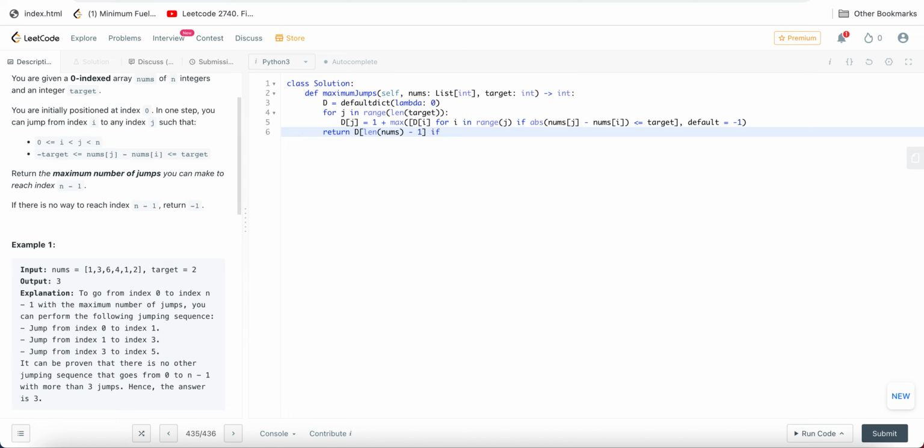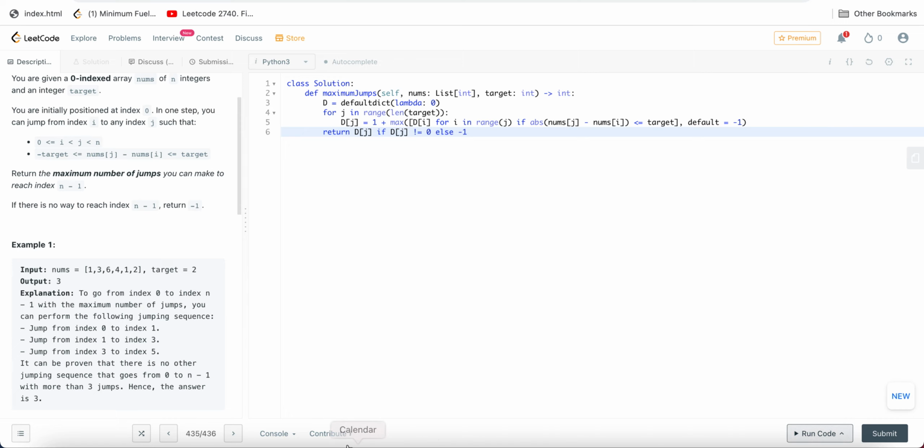So then we'll say if, yeah, this is going to get ugly. If this, or I think j is the last value. If D of j not equals 0, else -1.